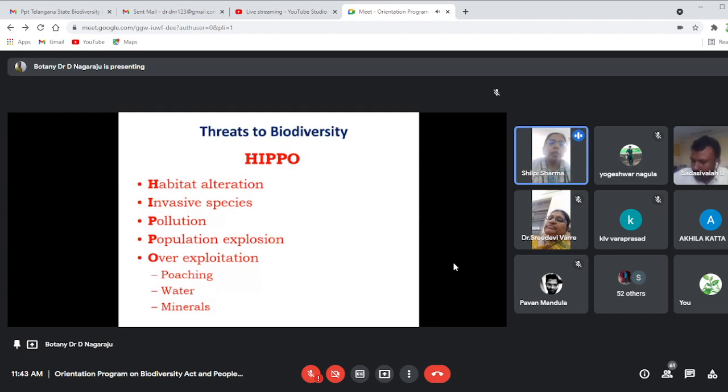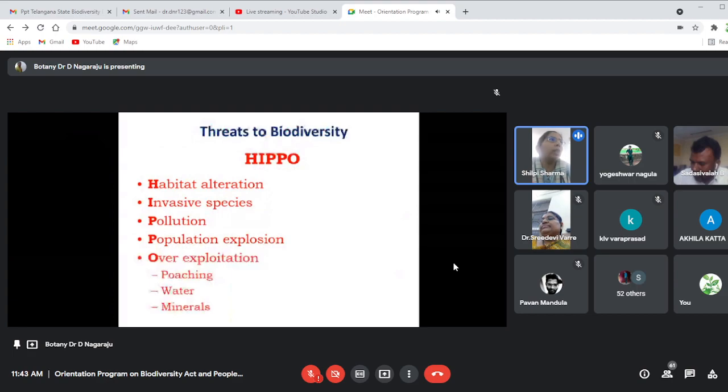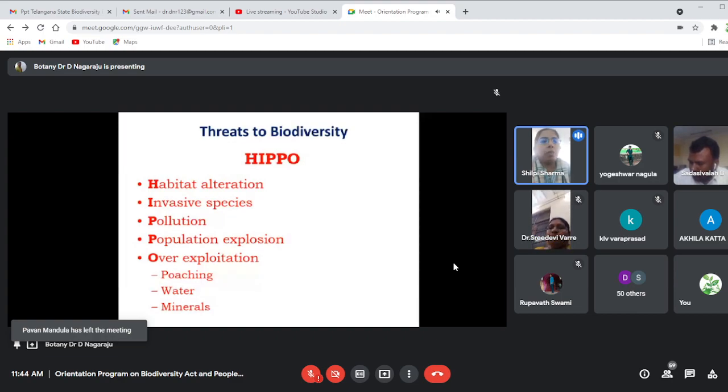So we came up with this act, with the objectives of conservation, sustainable utilization, and access benefit sharing. After this act came, we got the National Biodiversity Authority, headquartered in Chennai, for all the state biodiversity boards.